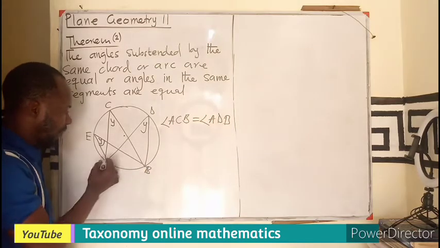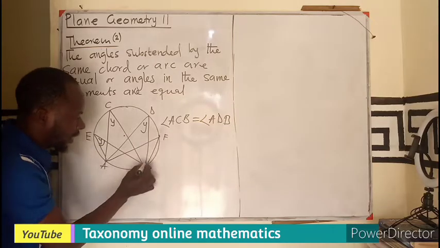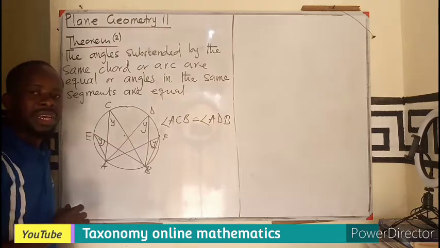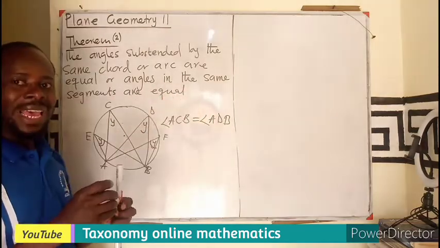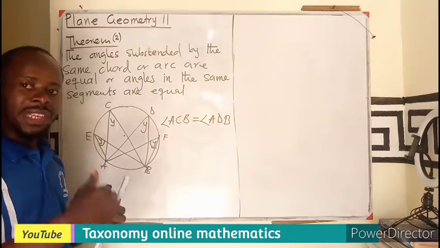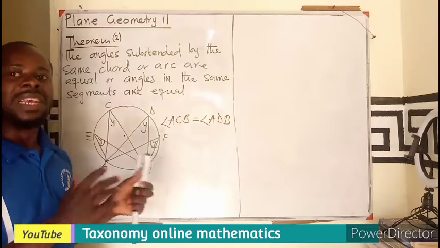And if there is a point here as F, joining this, the angle at F will also be equal to Y. So any angle formed by the same chord or the same arc at the circumference is always the same.